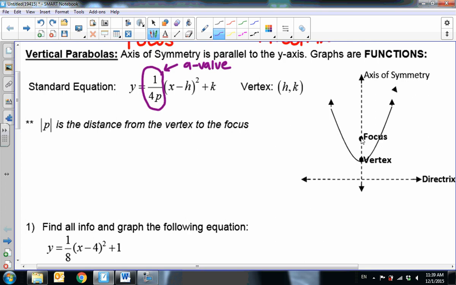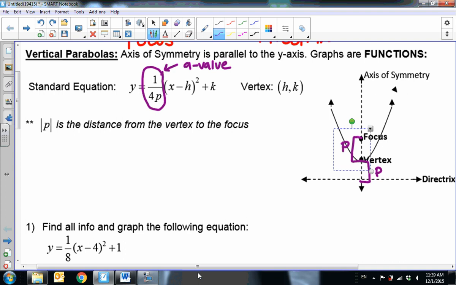Okay? So this distance right here, that's our p value. From the vertex to the focus, which means what also has a distance of p? Good. The vertex to the directrix also has a distance of p.